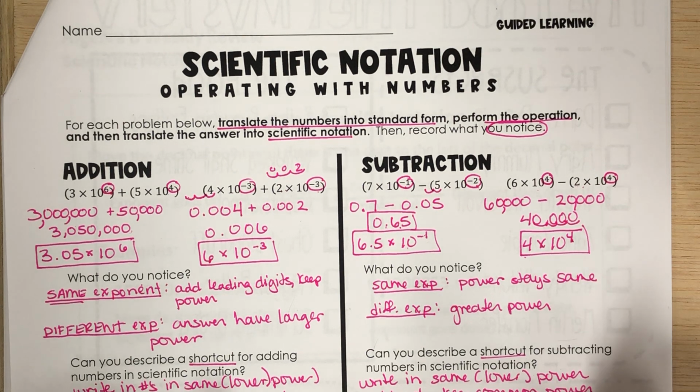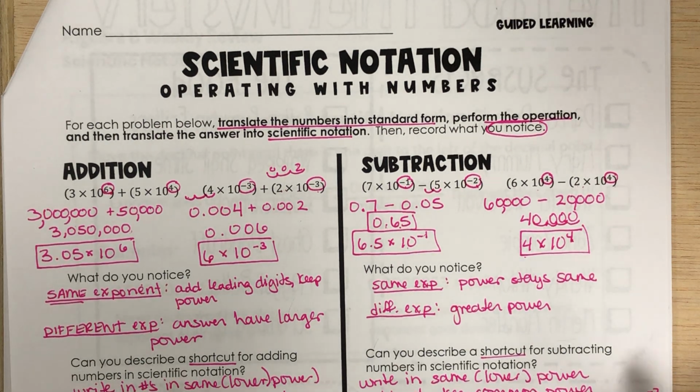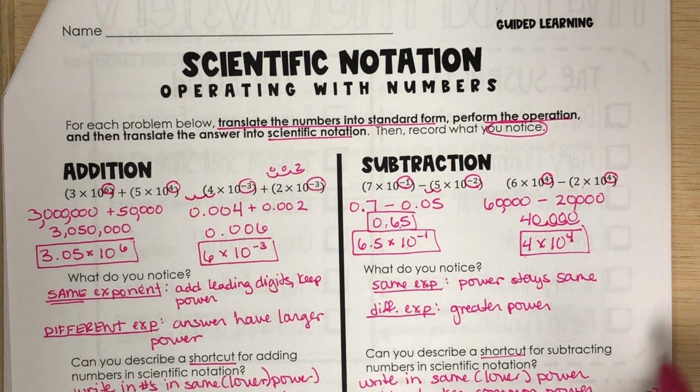So 70 minus 5 is 65. And then I'm going to keep that common power, times 10 to the negative 2. But now here's where I'm going to adjust it. I'm going to move that decimal point over so my leading digit is between 1 and 10. And that's going to be 6.5 times 10. And because I moved it to the left, that's a positive. So negative 2 plus 1 is negative 1.